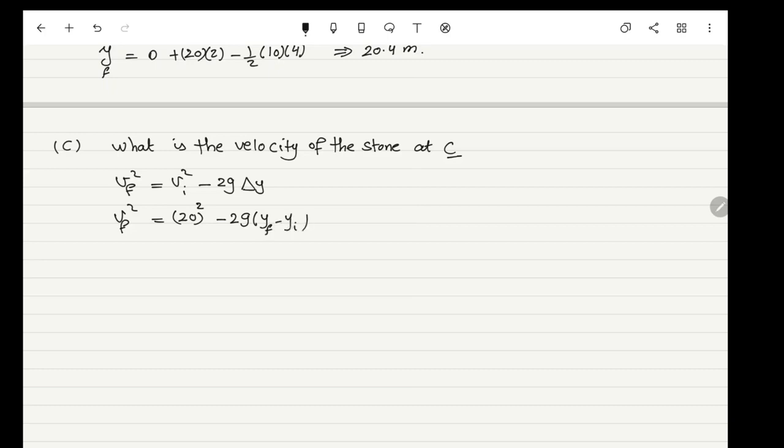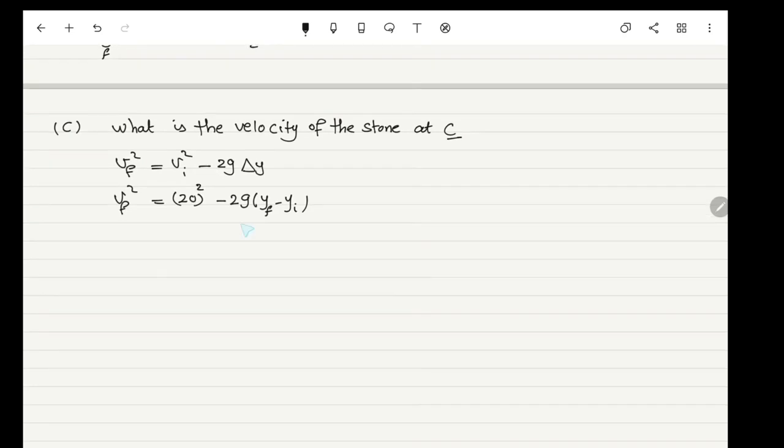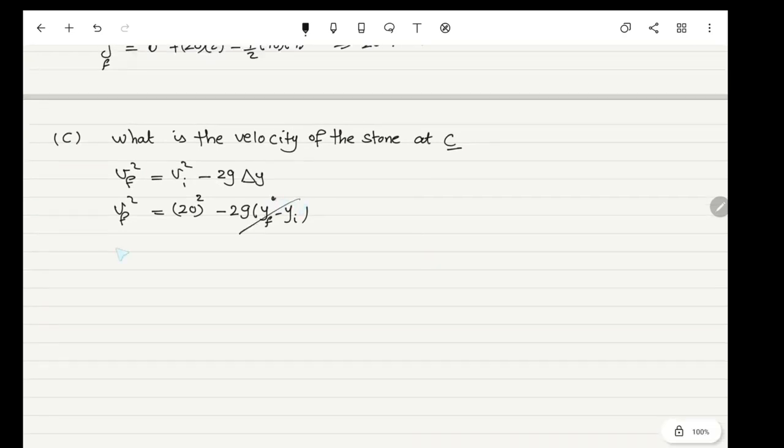But Y final is the same as Y initial, it's the same height, so all this part goes to 0. So V final equals the square root of 400, which equals plus or minus 20 meters per second. The plus means the object is going up, and the minus means the object is going down. So in this case, we adopt V final equal to minus 20 meters per second.